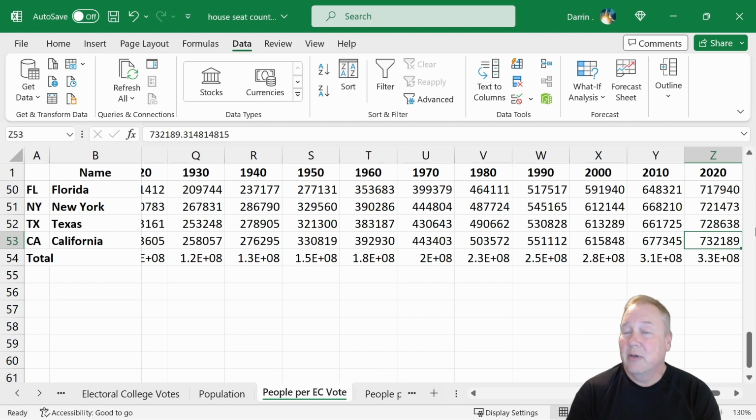So seven times the representation, roughly. So this is a problem in the view of many. It's certainly not a strictly democratic process where it's one person, one vote. And as you remember from the first sheet that we looked at, it's caused some problems.